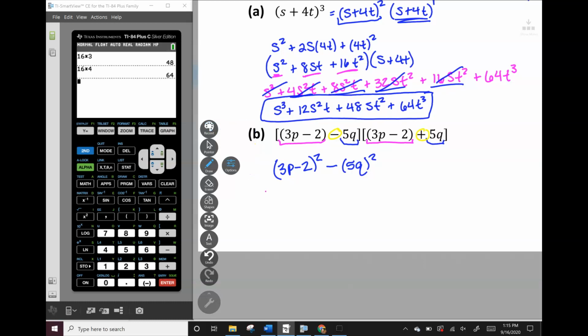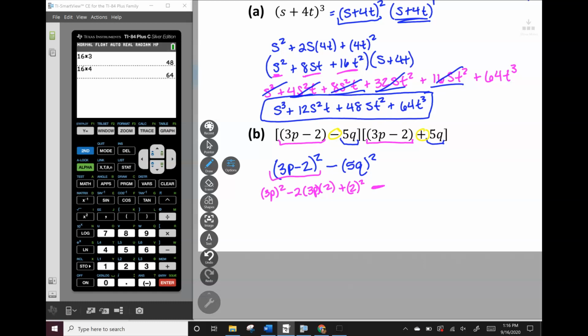So that's going to be 3p squared minus 2 times the first term times the second term plus the second term squared. Okay, so that was all just multiplying that.